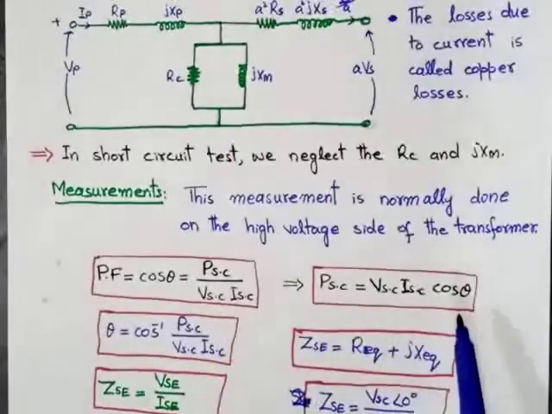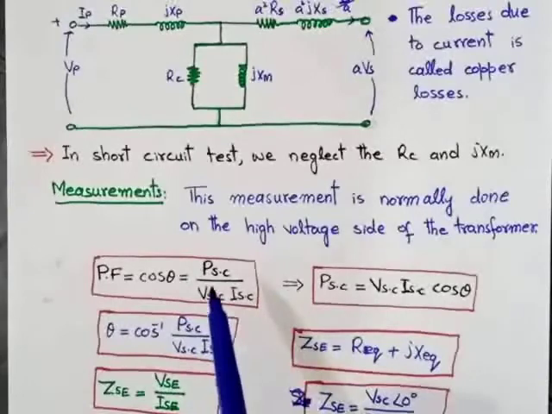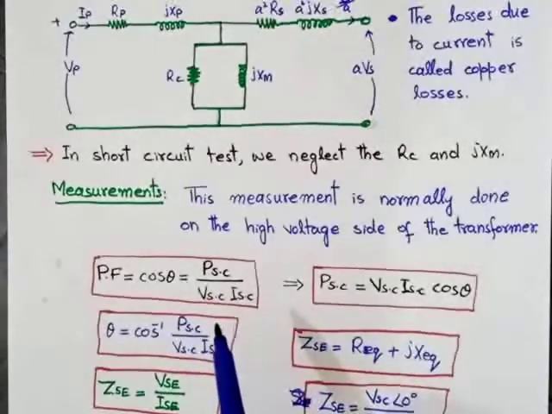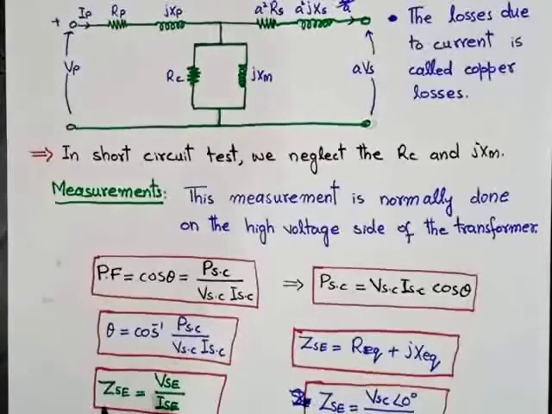The value of cos theta will be equal to P short circuit over V short circuit into I short circuit, and the value of theta will be equal to cos inverse of P short circuit over V short circuit into I short circuit. And as we know, the impedance Z will be equal to V short circuit over I short circuit.